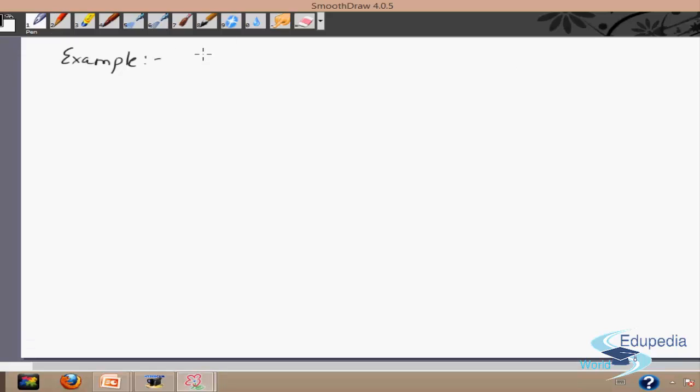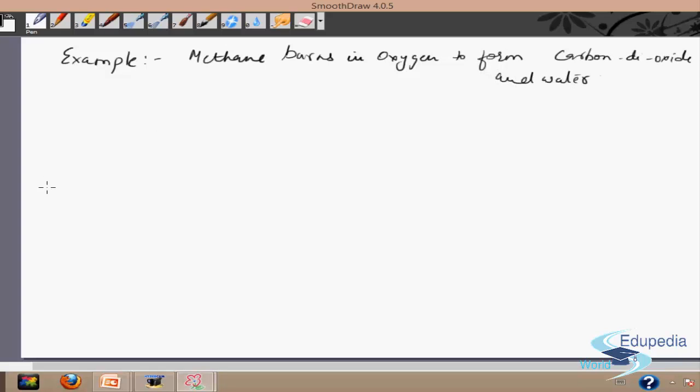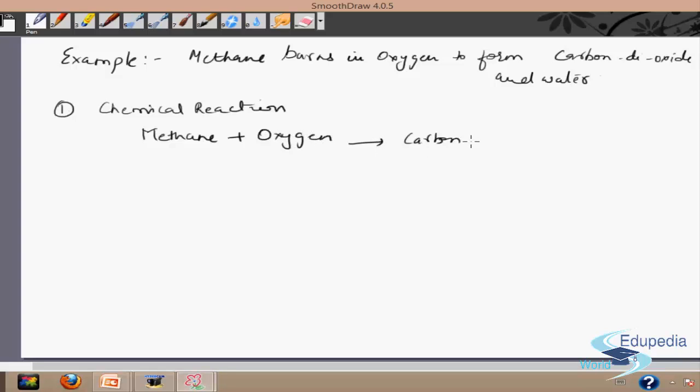I'll take methane burning in oxygen to form carbon dioxide and water. So what is the solution? Let's write the chemical reaction first. Methane plus oxygen giving out carbon dioxide plus water.